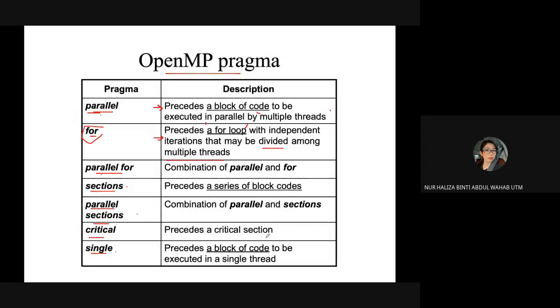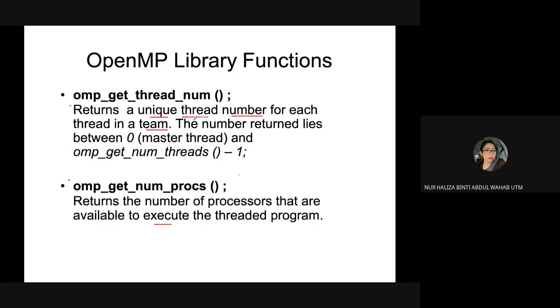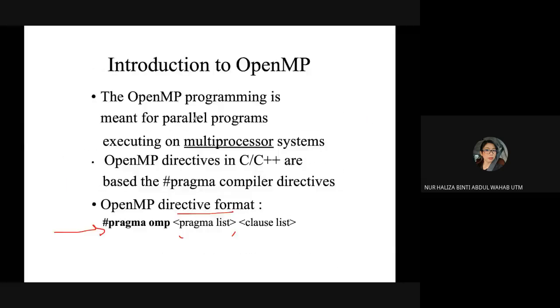So same also over here. You can see pragma omp, so your directive is for, your pragma. And your clause list is not yet mentioned over here. But you can see you already have the for directive, which you put and apply into your format here, which is your pragma list.